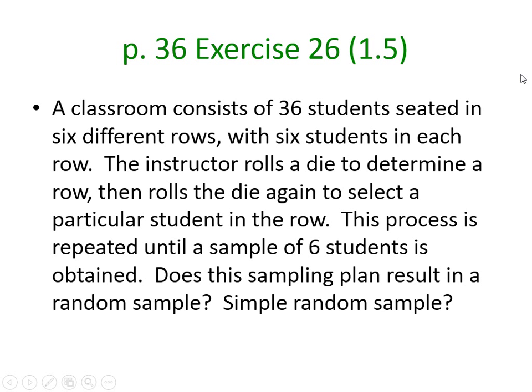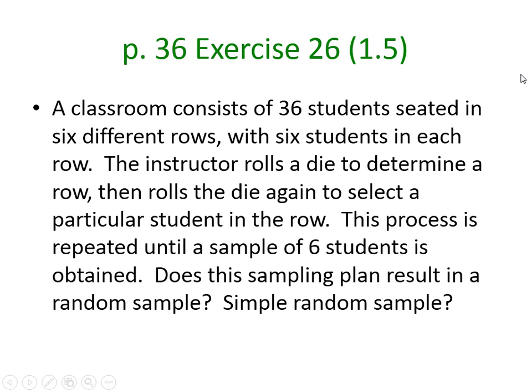Is it simple random? Does every group of 6 have the same chance of being picked? Yeah. Once you've picked somebody, it doesn't eliminate everybody else in your row. Once you pick one person, it starts all over again. And if they just happen to keep rolling the same numbers and picking the same student, they'll keep moving on until they get 6 different students.